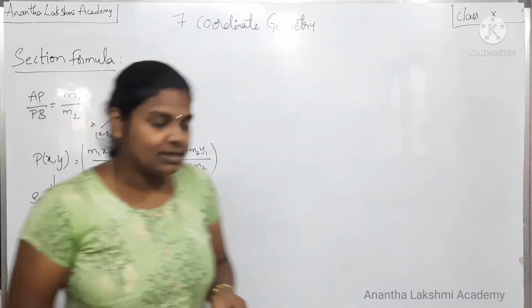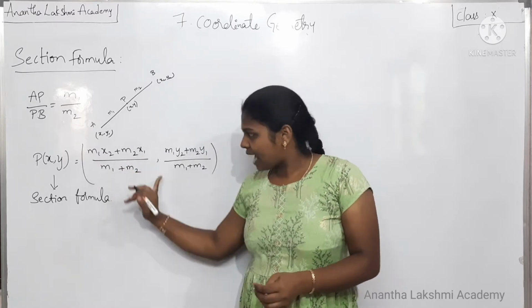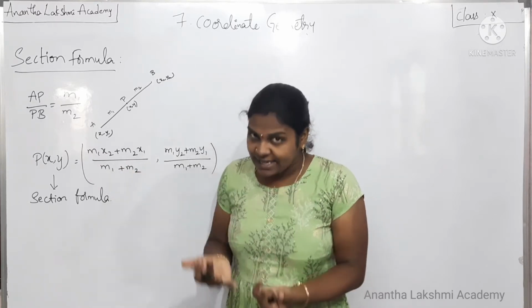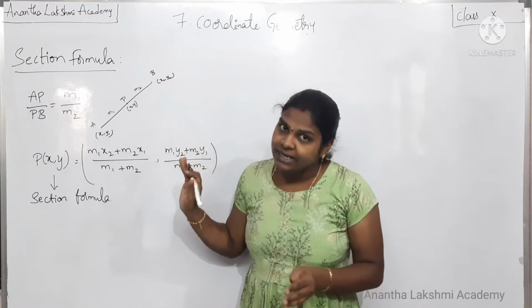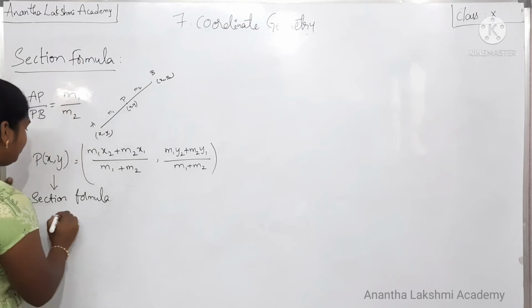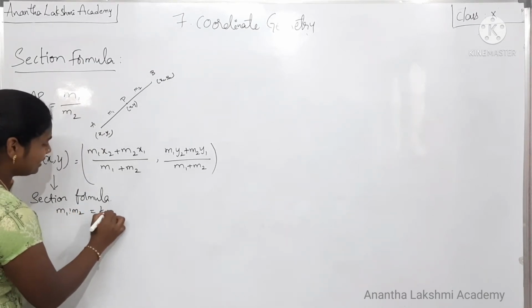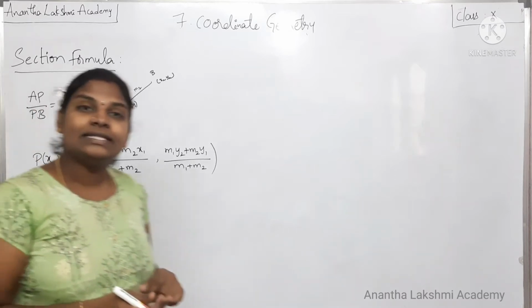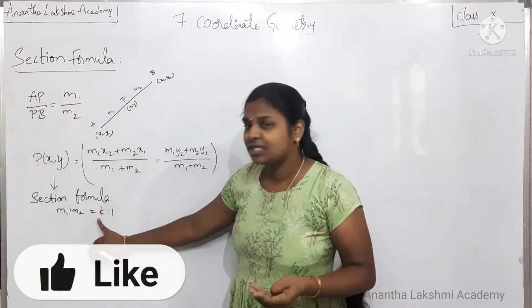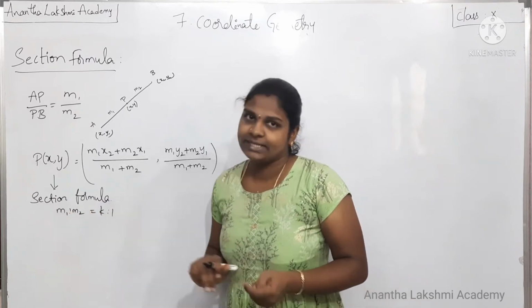Now that the ratio is given as M1 and M2, we have a formula. Now, if I say that the same point P divides AB in the ratio K is to 1, that is nothing but our M1 is to M2 becoming K is to 1. We just need to substitute k in the place of m1 and 1 in the place of m2.